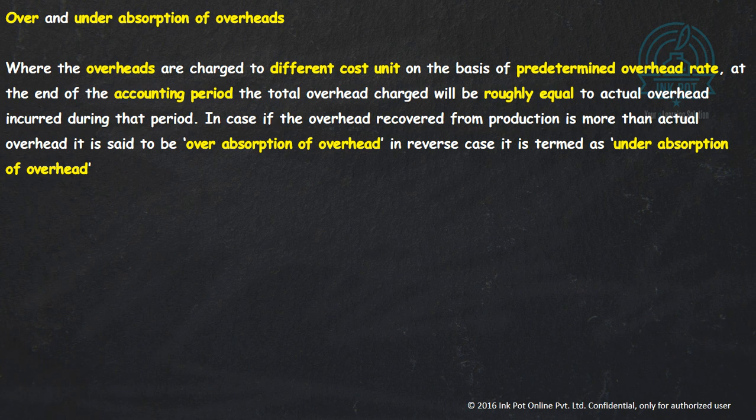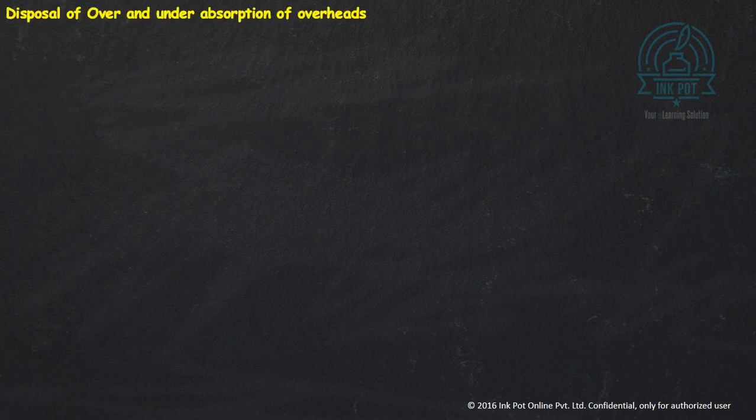But if the overhead recovered from production is more than the actual overhead, it is known as over absorption of overheads. And if the budgeted overheads are less than the actual overheads, it is known as under absorption of overheads.